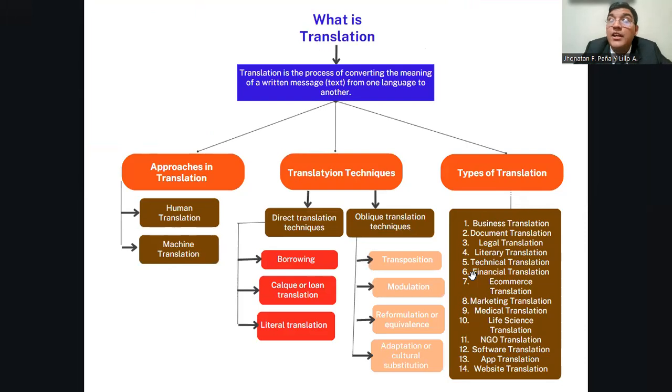For example, the idiom, it's raining cats and dogs. In Spanish, we don't translate está lloviendo perros y gatos. We can say está lloviendo a cántaros. So we look for an equivalent expression in the target language.